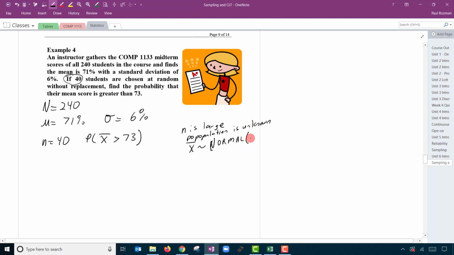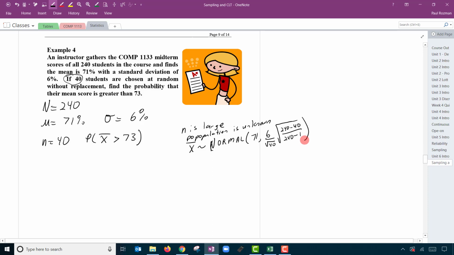The mean will be 71, and my standard deviation will be 6, but it has to be adjusted. It's divided by the square root of 40 and then multiplied by the finite population correction factor, which is the square root of 240 minus 40 over 240 minus 1.